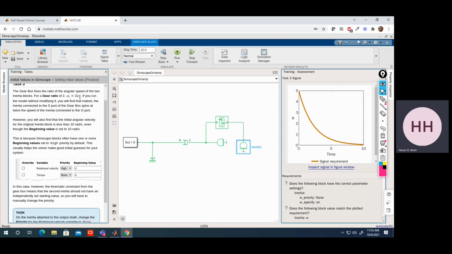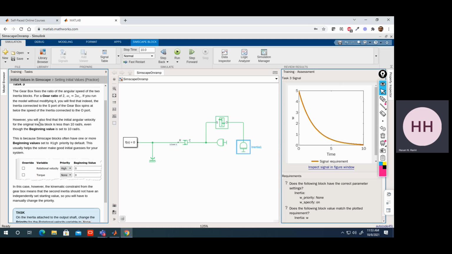Alright. If you run the model without modifying it, you will find that indeed the inertia connected to the S port of the gearbox spins at twice the speed of the inertia connected to the O port, which makes sense.